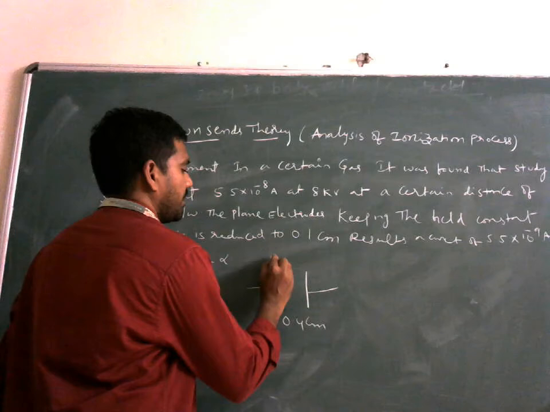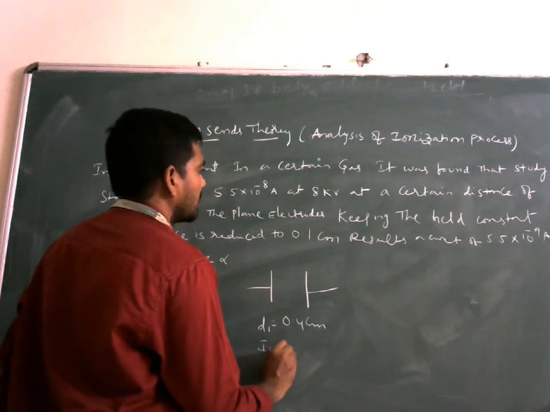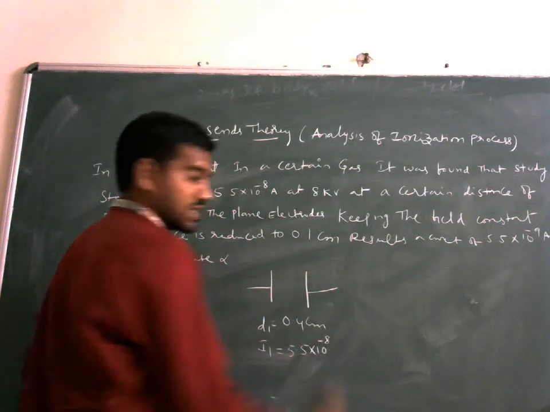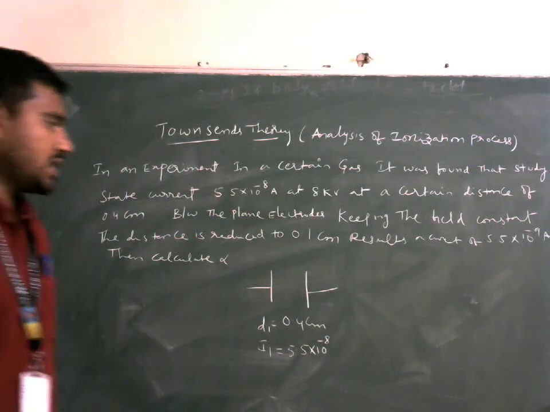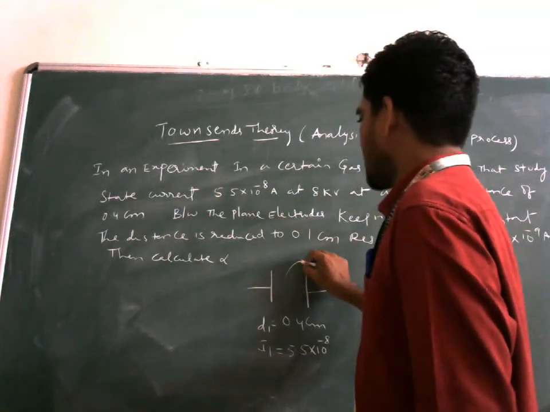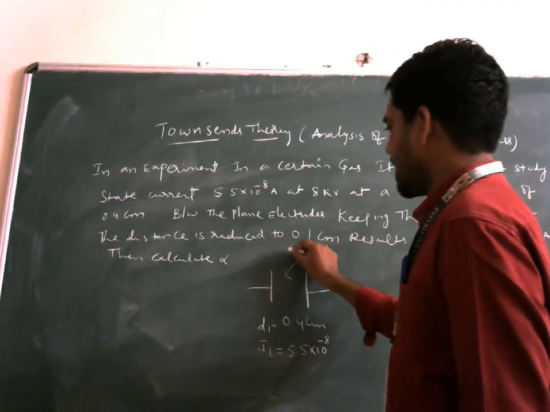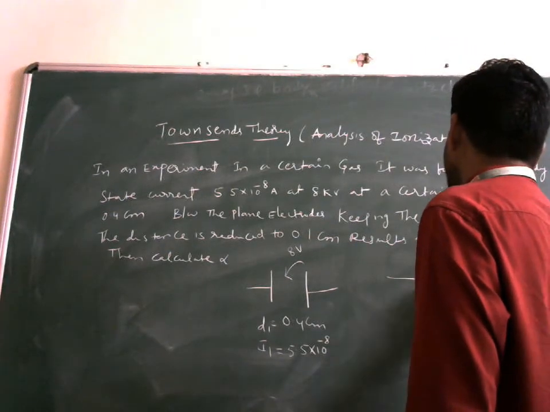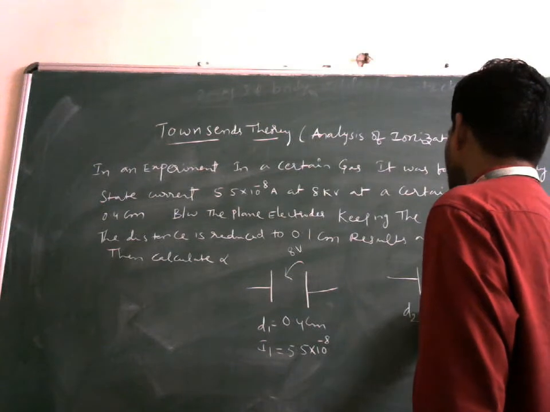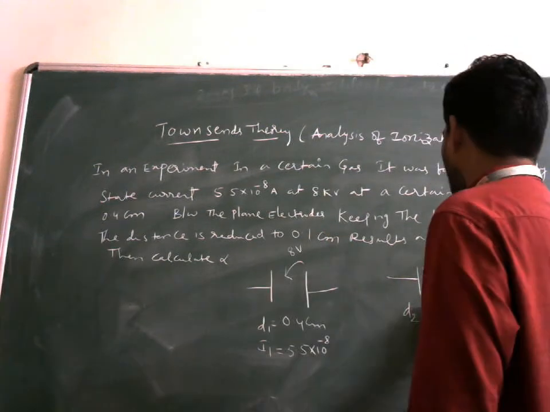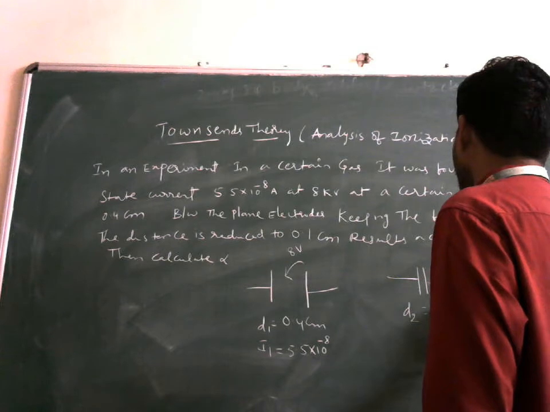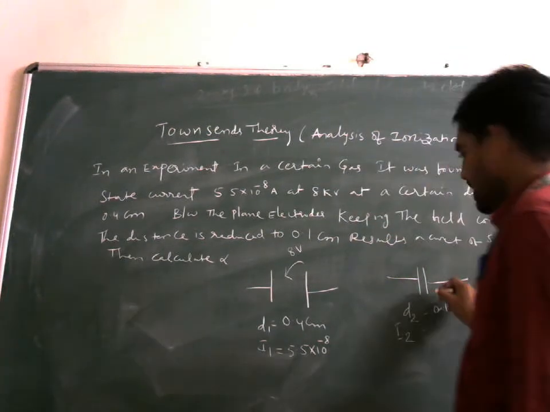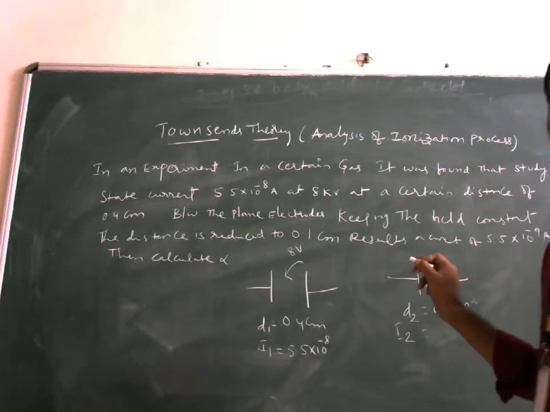At that time the current I1 is 5.5 into 10 power minus 8 amperes. Same gas dielectric, same 8 kV applied. In the second case, the distance between the electrodes D2 is 0.1 centimeter, at the same voltage.